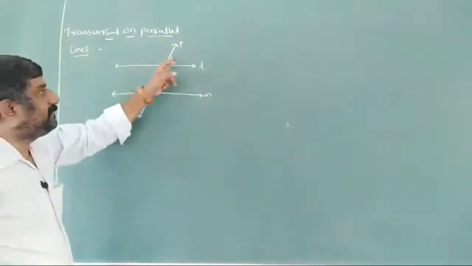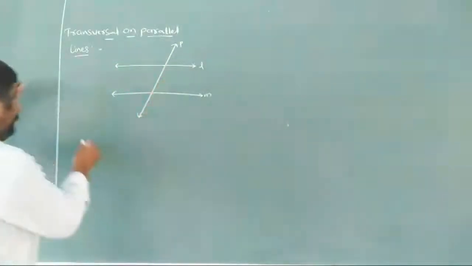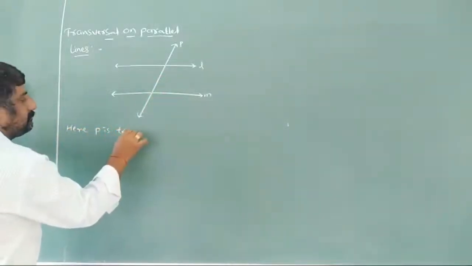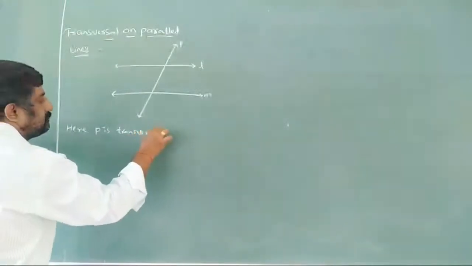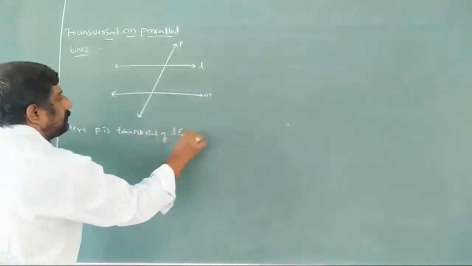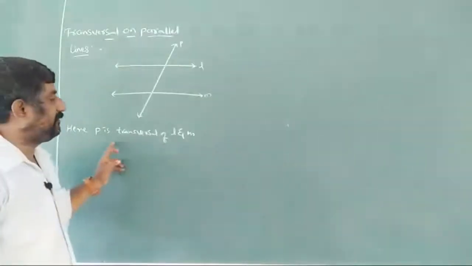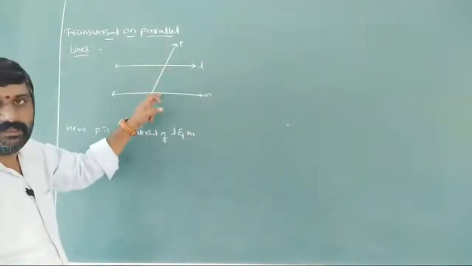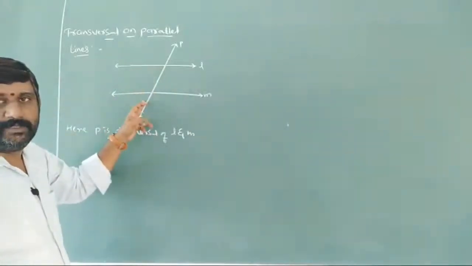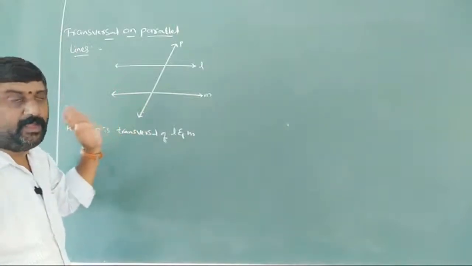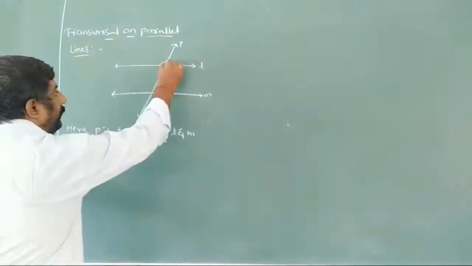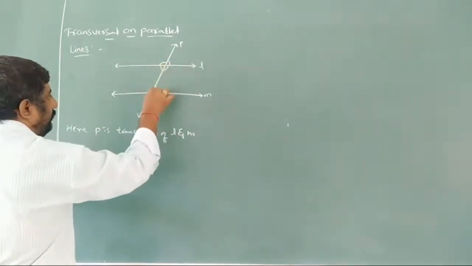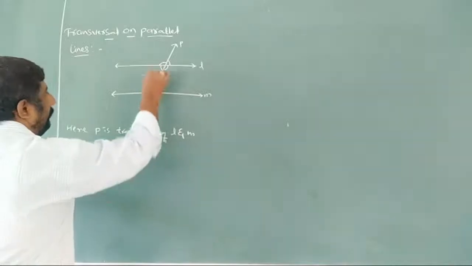Observe here, P is a transversal of L and M. A line which intersects two lines at different points is a transversal. How many angles are forming here? 1, 2, 3, 4, 5, 6, 7, 8.